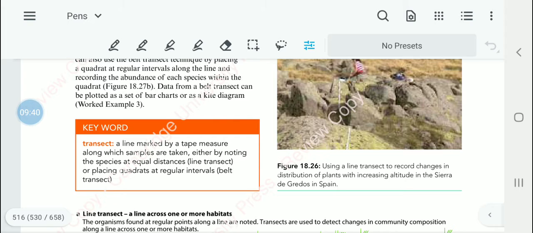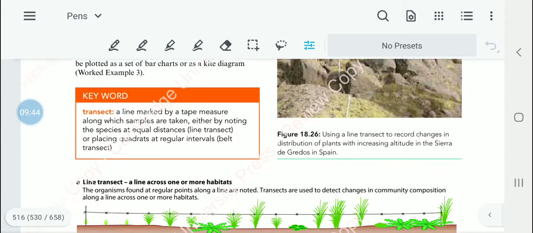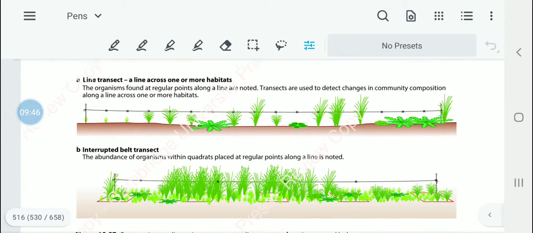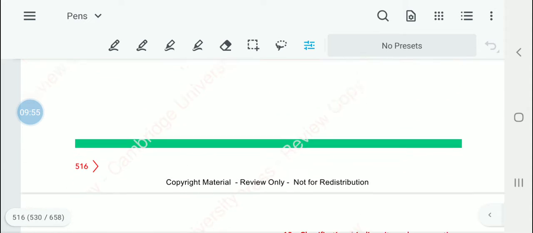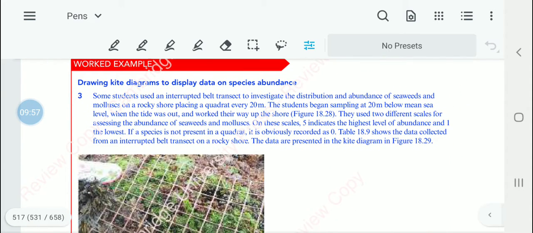So this is line transect and belt transect. This belt transect is also known as interrupted belt transect. So you would be able to understand it better. Then we move on to question number 3.